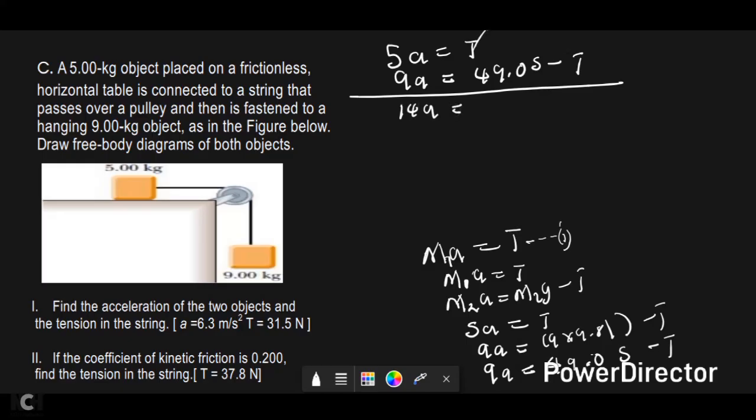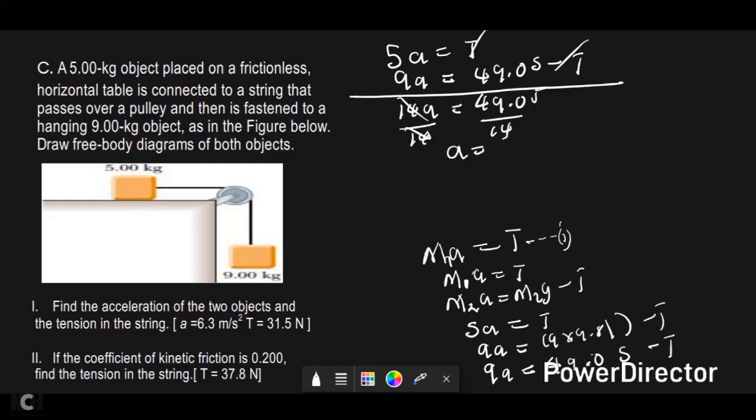Then T and T cancel because one is positive and one is negative. So it will be the number divided by 14.